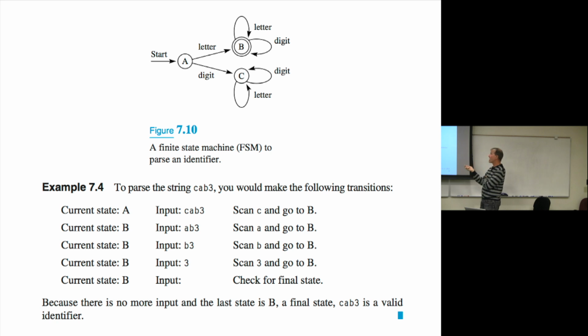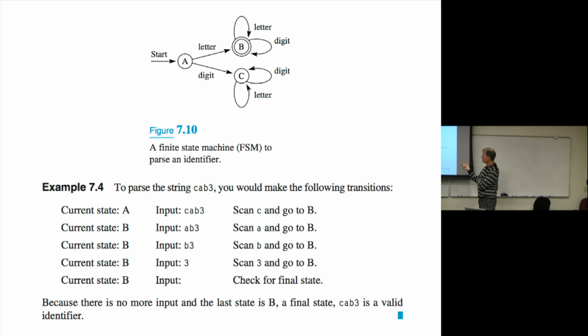Now, what do we have in between each state? We have a what? An arrow. For those of you who know finite state machines, what are those arrows called? They start with a T. Just a little vocab here. Transitions. They are transitions. So the way you look at this is you can make a transition from state A to state B on a letter, because this letter labels the transition from A to B. Does everybody see that?